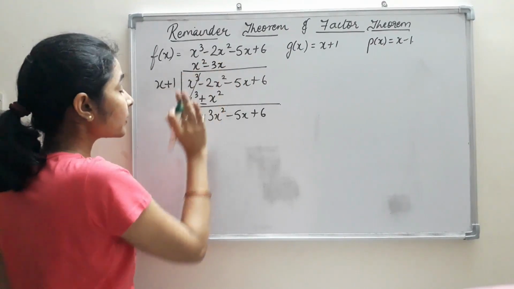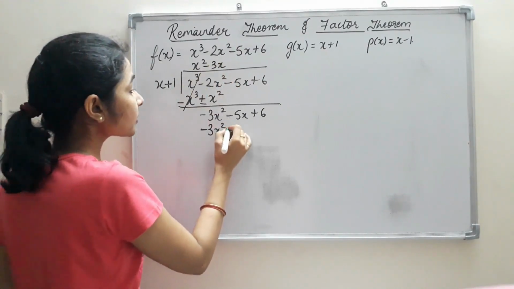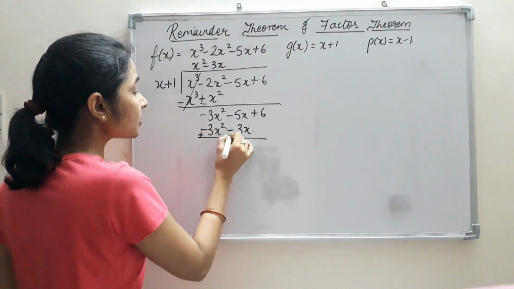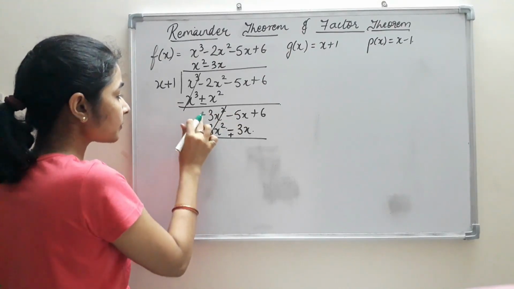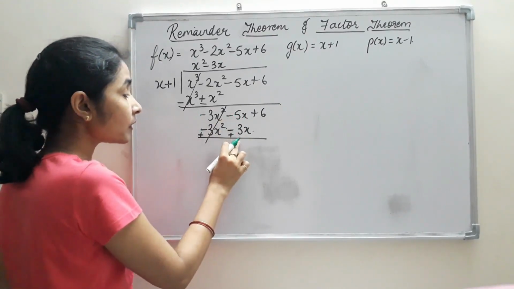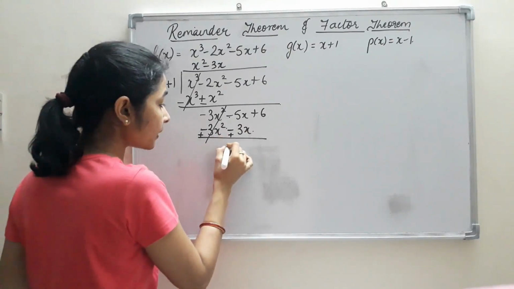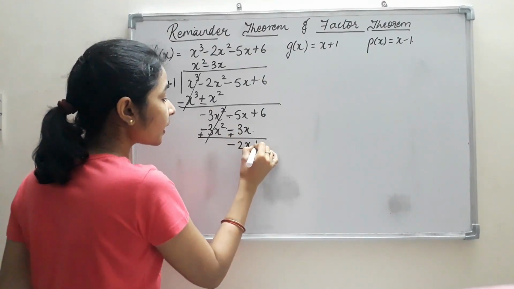So x into minus 3x gives me minus 3x square, and 1 into minus 3x gives me minus 3x. Sign changes, this changes into positive, this also changes into positive. So here both these cancel, and here these are negative and positive, but the terms are different, so we'll do subtraction and the greater sign comes in the answer. The greater sign is minus.